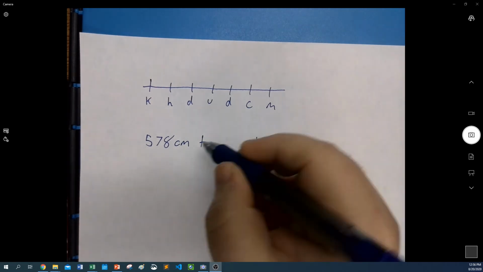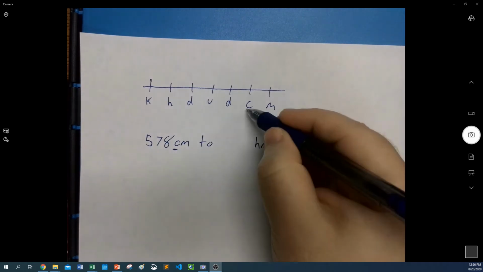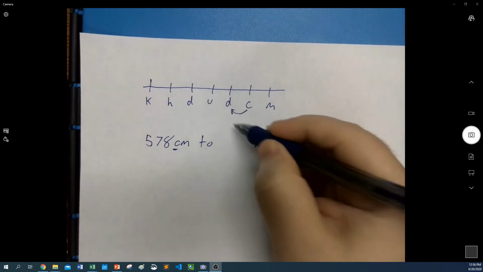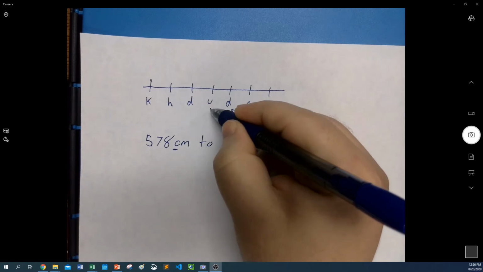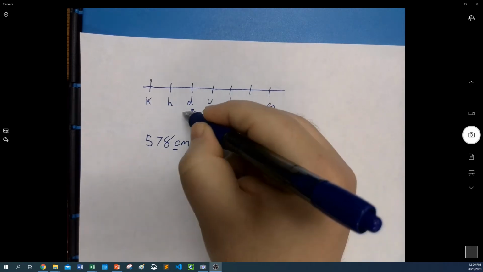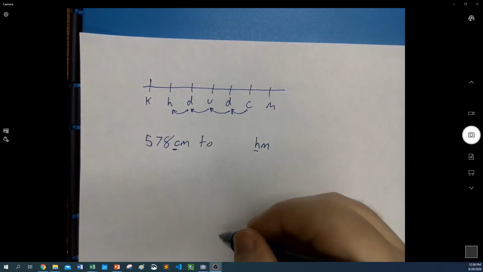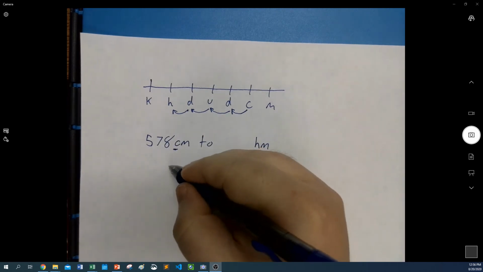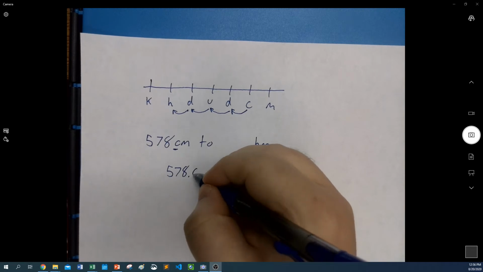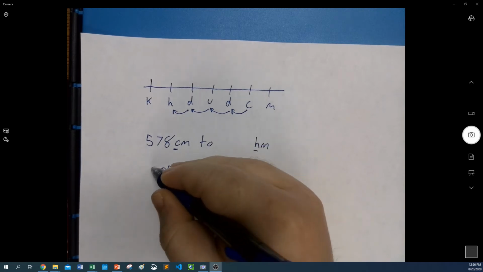So I'm beginning at C and count how many hops it takes to get to H. 1, 2, 3, 4. And I'm moving toward the left. So begin by writing the number. I like padding zeros.